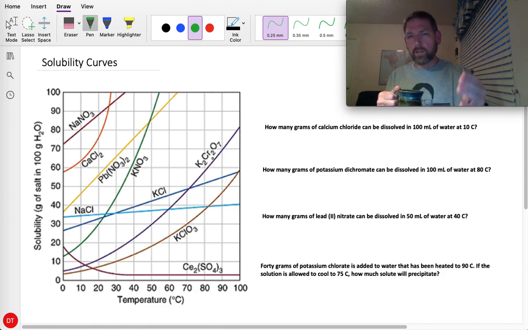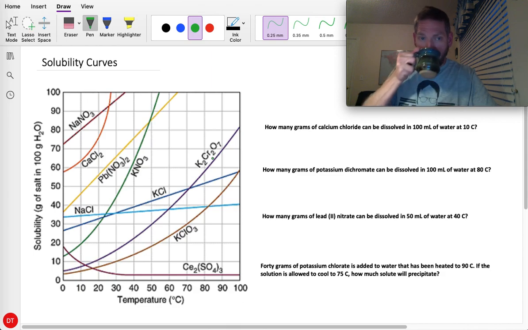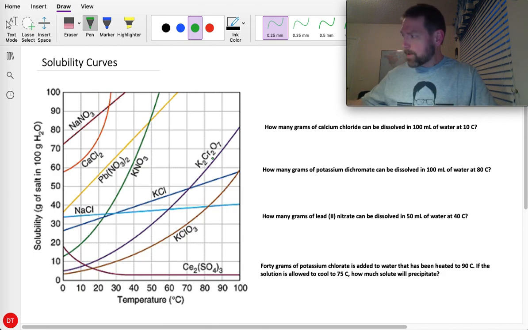If we know these standards, then we'll know how much solute we can actually get into those solutions. All right, speaking of solution, caffeine solution.